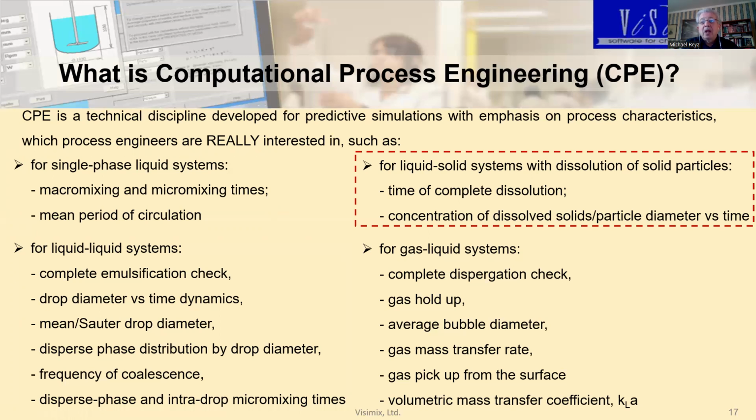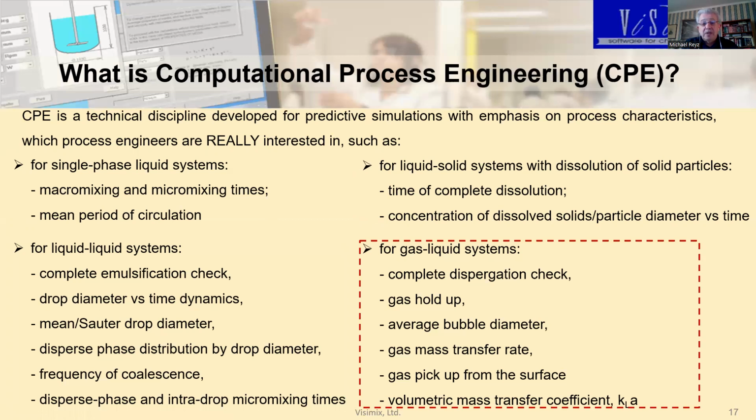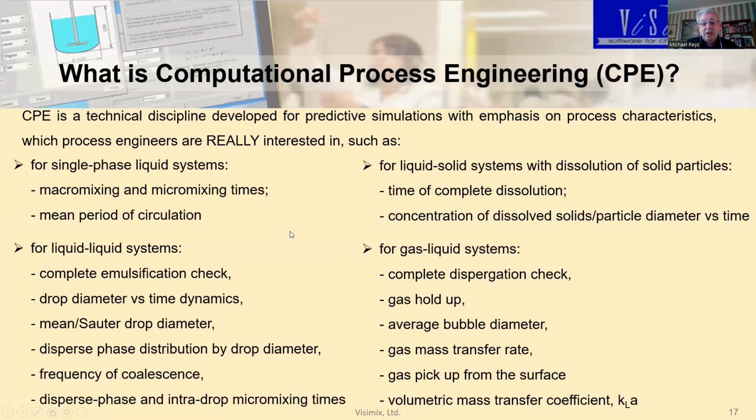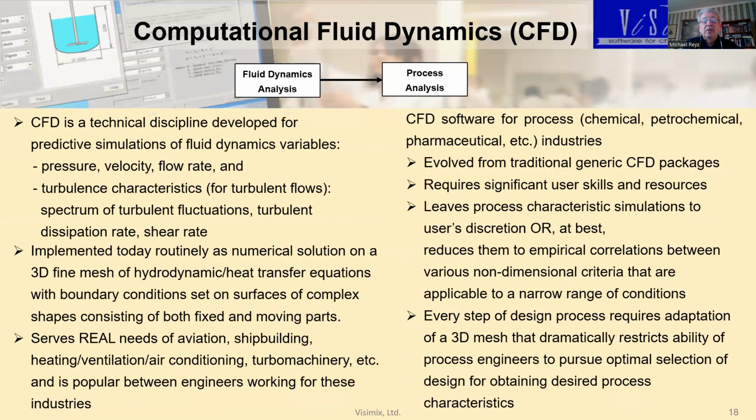For gas-liquid systems, these are such things as complete dispersion check, gas holdup, average bubble number, and gas mass transfer rate, gas pickup from the surface, or volumetric mass transfer coefficient, kLa. So this, in our understanding, is computational process engineering. Let's move to the next slide and talk about CFD.